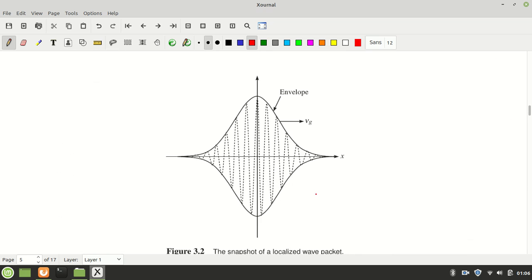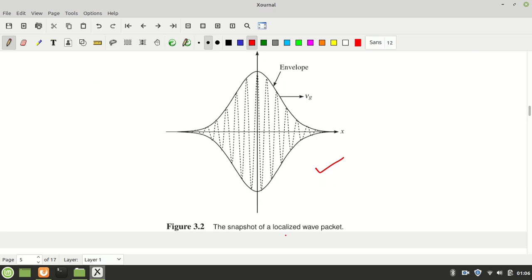Yes, this is a snapshot of a localized wave packet. Why localized? Because the spread of the wave packet is limited.